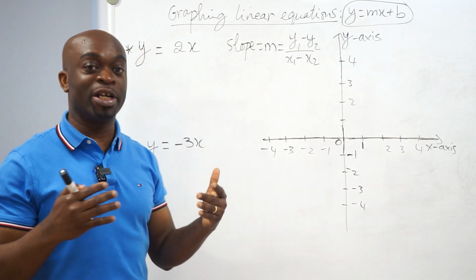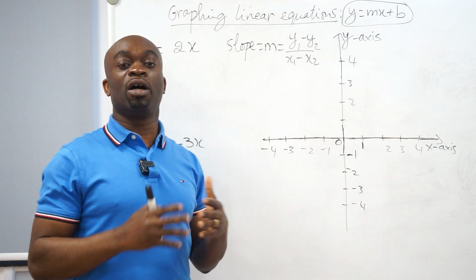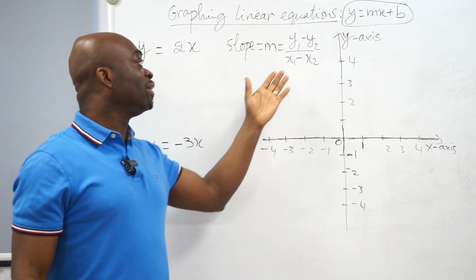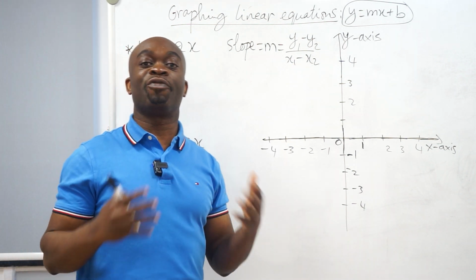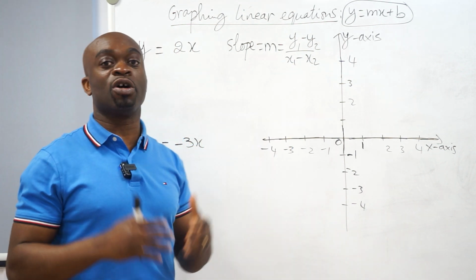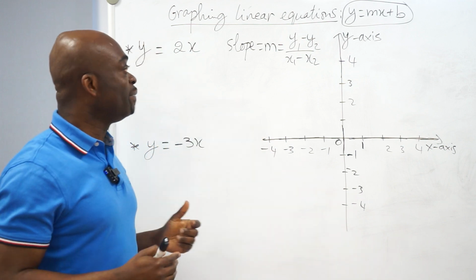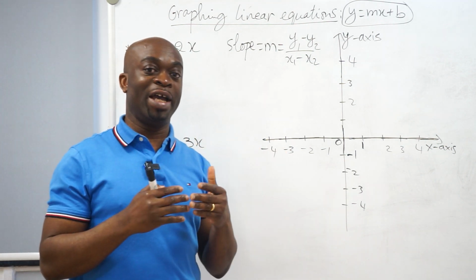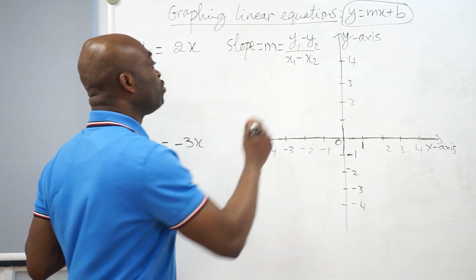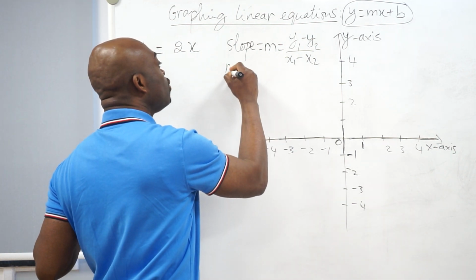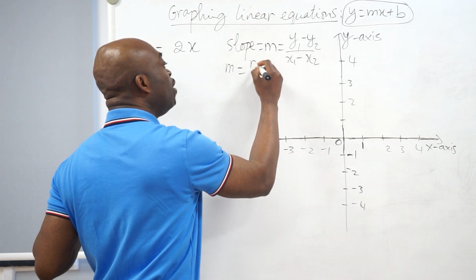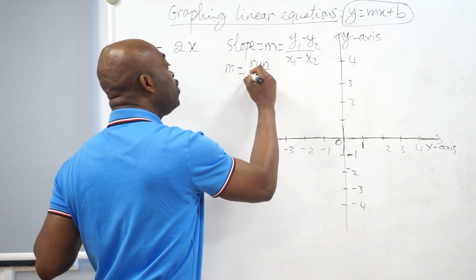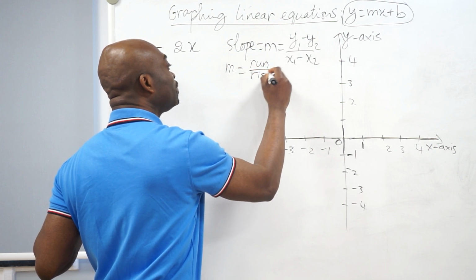That means the difference between two values of y divided by the difference between the two values of x. So that's the change of y over the change of x, the same thing that we call the rise over the run.